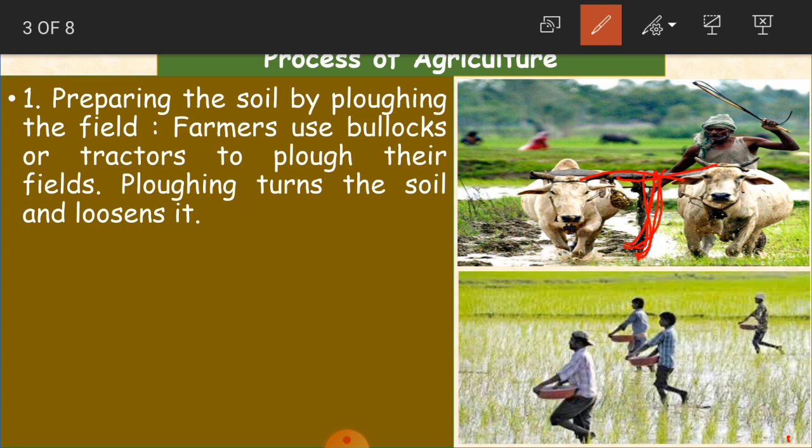This we call plowing. And because of this plowing, the soil gets loose, in the sense the soil becomes fertile. It becomes loose so that it is ready to grow the plant. It gets ready for the plant.